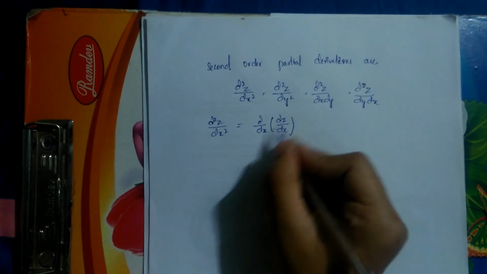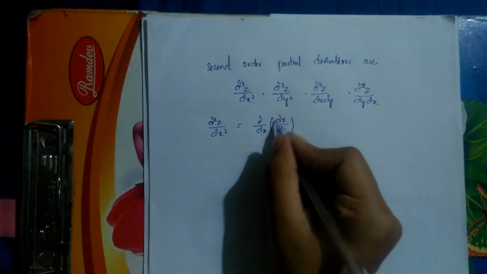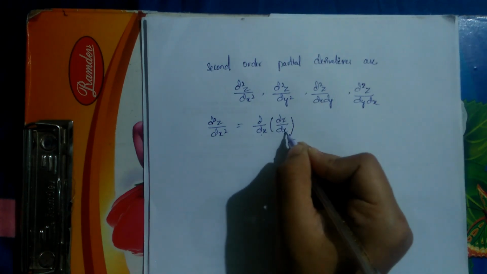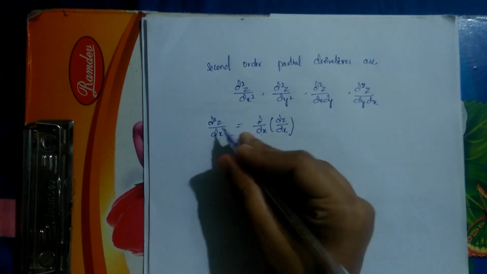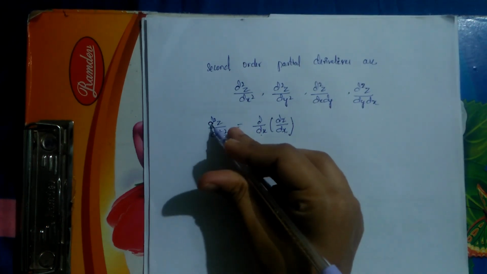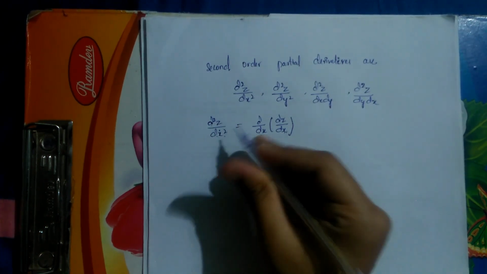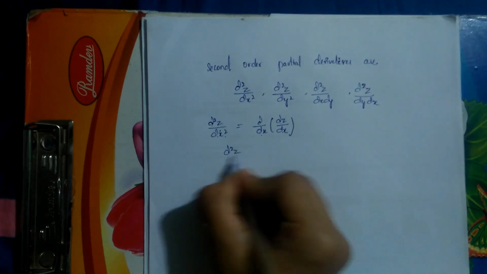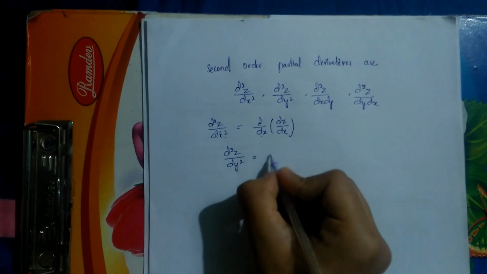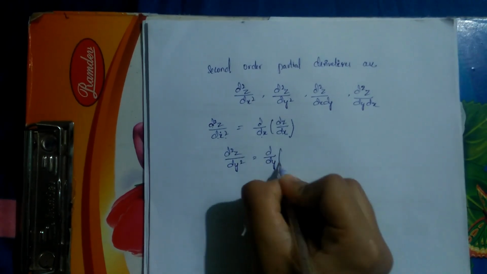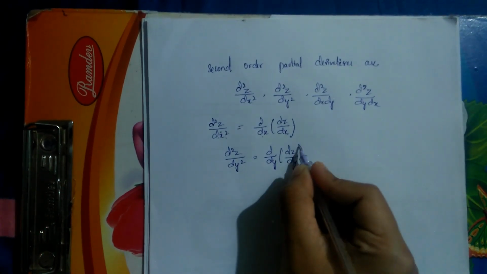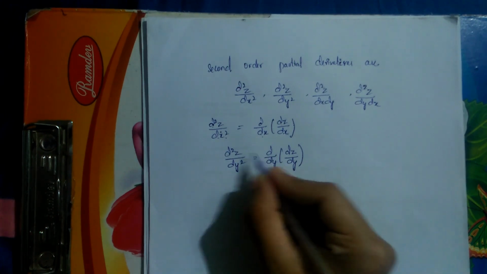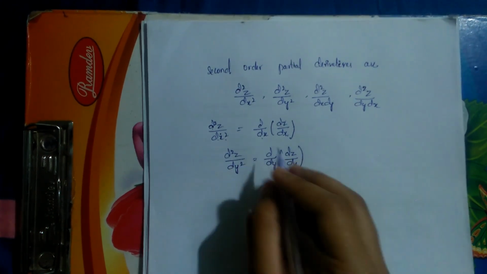Again differentiating with respect to x, this is treated as another function and it is differentiated with respect to x, which gives a second order partial derivative, that is dou square z by dou x square. Similarly dou square z by dou y square is dou by dou y of dou z by dou y. This function is derivated one more time, and that gives a second order partial derivative.